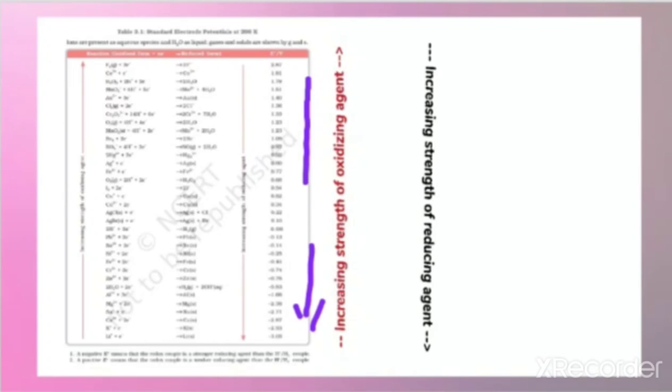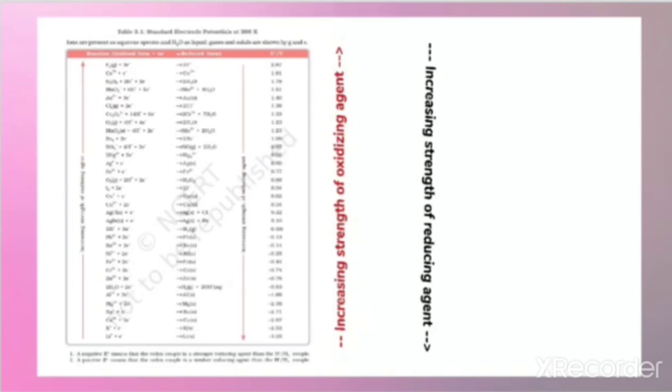That means the more positive the value, the greater the strength of the oxidizing agent. So on the basis of the E naught values we can find out whether the given electrode is a stronger oxidizing agent or not.